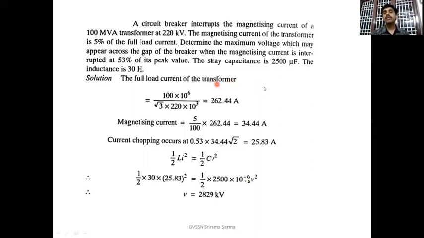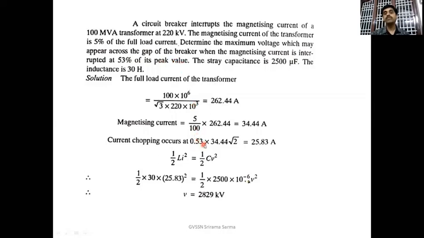So the full load current of the transformer, first we calculate, that is 100 MVA divided by √3 into V. The magnetizing current, they have given, is 5% of the full load current, that means 5 by 100 into 262.44, 34.44 amperes. So the current chopping occurs at, here they have given, magnetizing current is interrupted at 53% of its peak value.